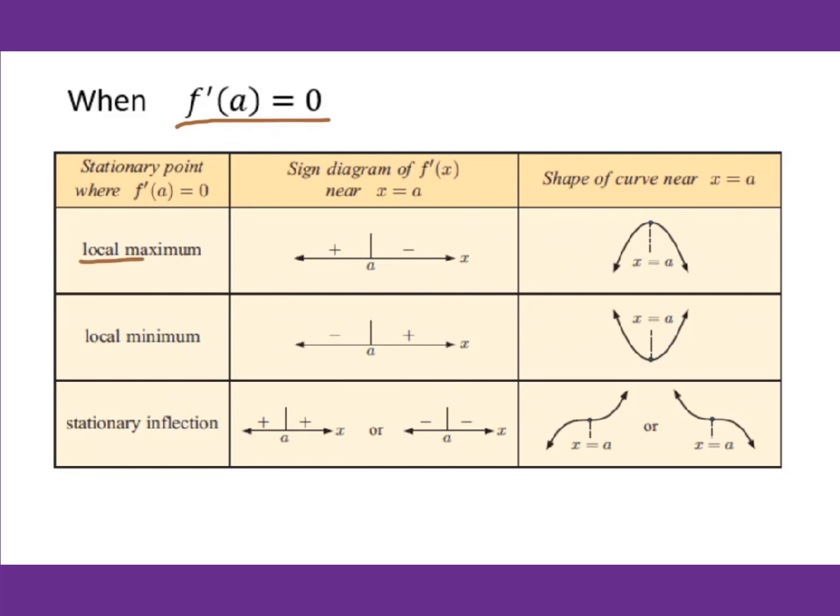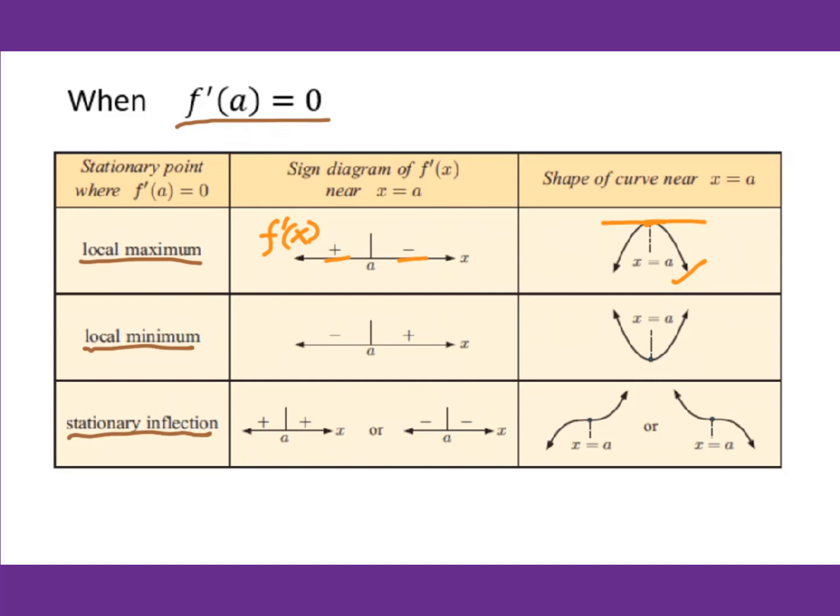It will be at a local maximum, local minimum, or stationary inflection. For the local maximum value, you see I can draw the tangent line, that's a horizontal line. And make sure we have a sign diagram. At A, there is a sign change from positive to negative for a local maximum.